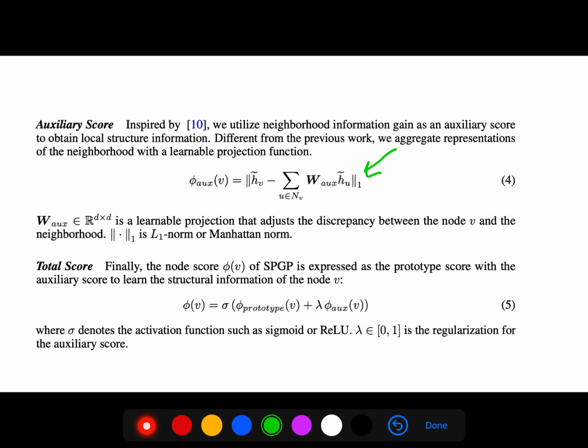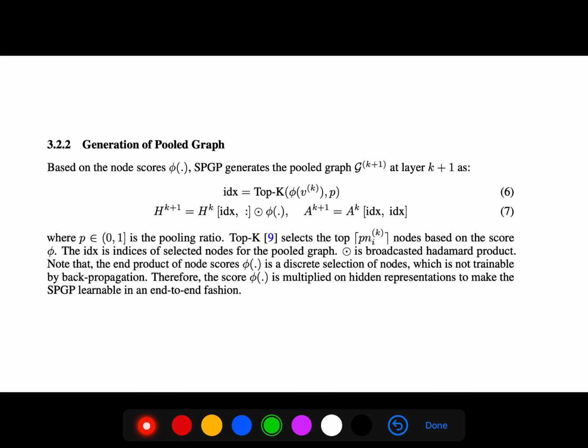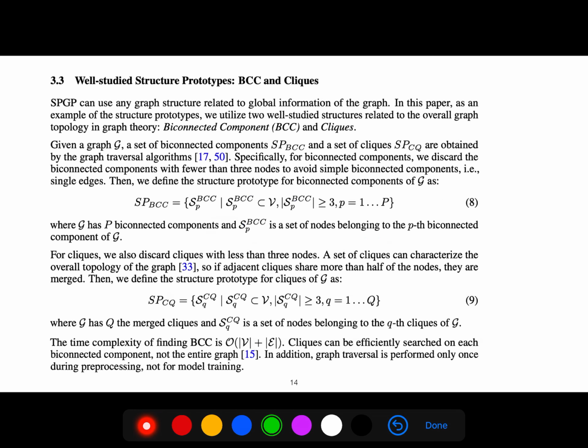Finally, the node score is expressed like this. Sigma denotes the activation function such as sigmoid. Based on the node scores, SPGP generates the pooled graph at layer k plus 1. So we have top k, and then we have a pooled graph.